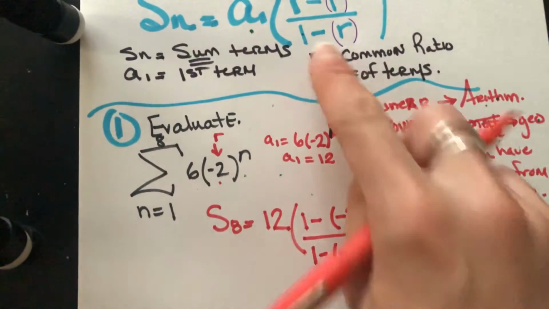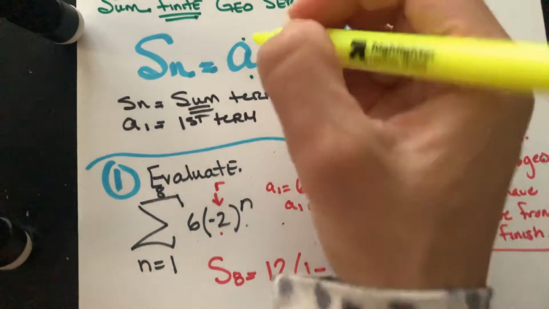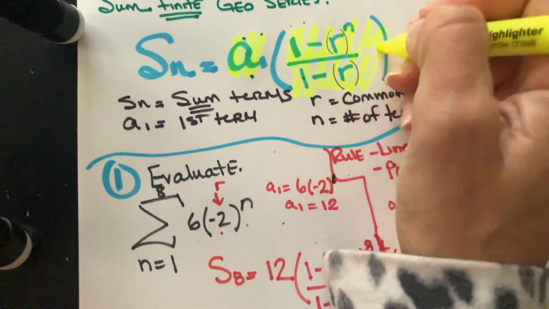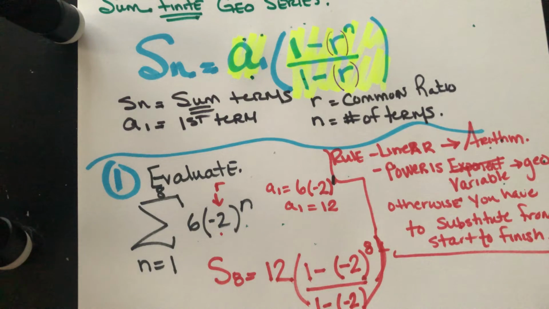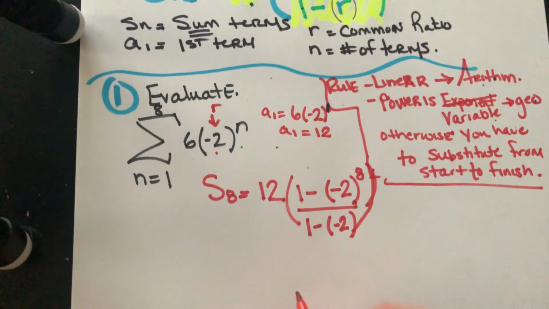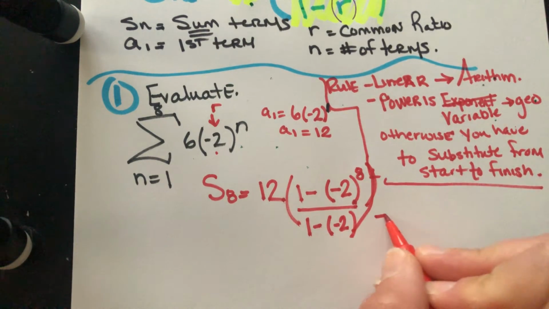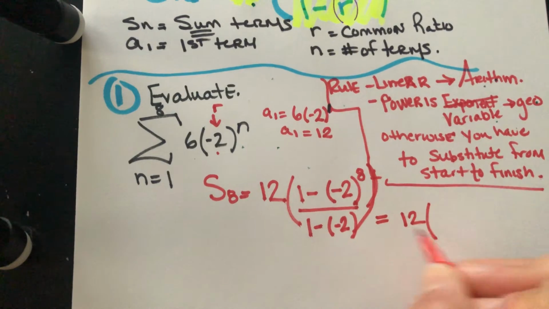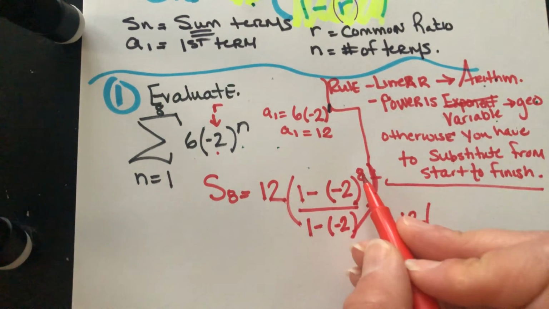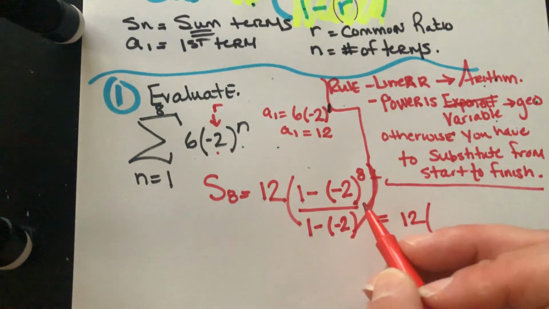So again, I'm just looking up here. So I'm just going to highlight this. First term, 1 minus r to the n over 1 minus r. Please make sure you have that written down so you have the formula. Again, I really recommend using parentheses, otherwise your calculator might make a mistake. When you put that all in the calculator, you can also just type in your numerator, 1 minus parentheses negative 2 to the 8th, because you want to raise negative 2 to the 8th, not 2.